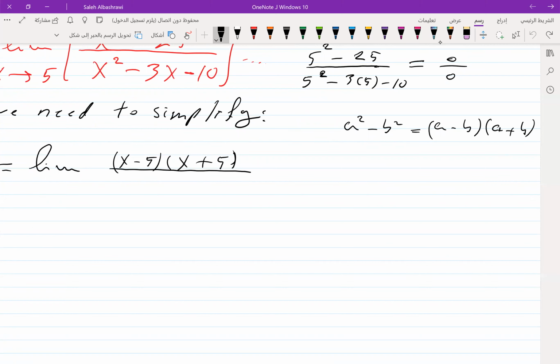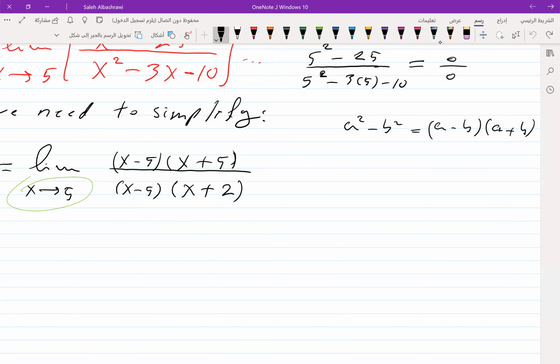x squared minus 3x minus 10. As we mentioned before, I must have x minus 5 as a common factor. So I have x minus 5 as the first factor. The second one will be x plus 2.